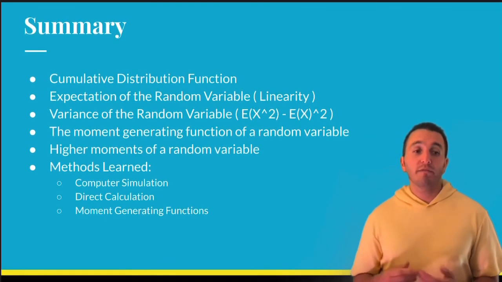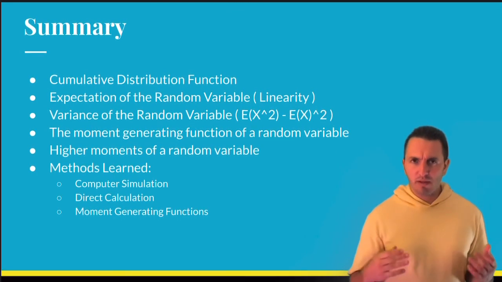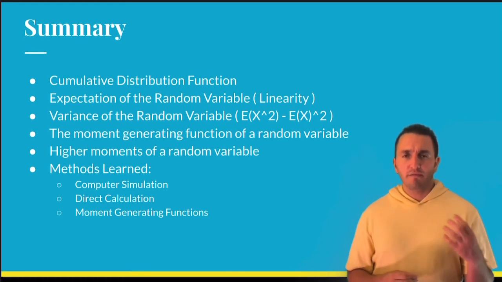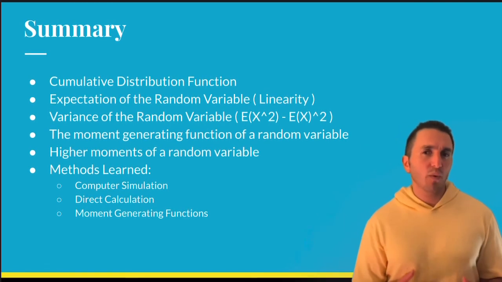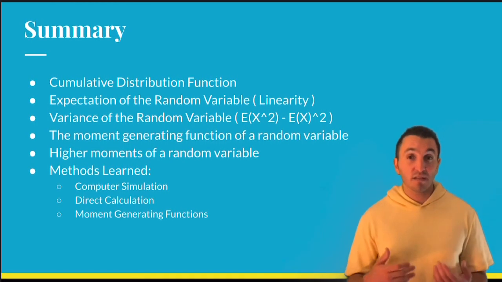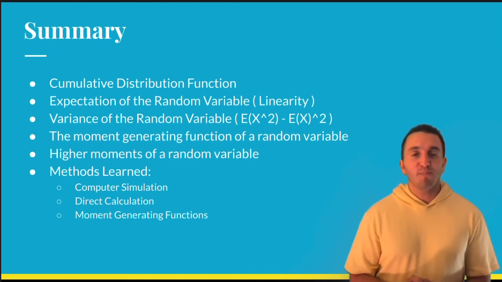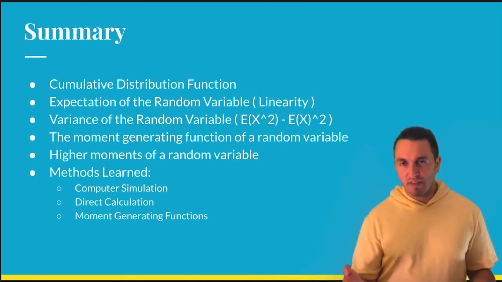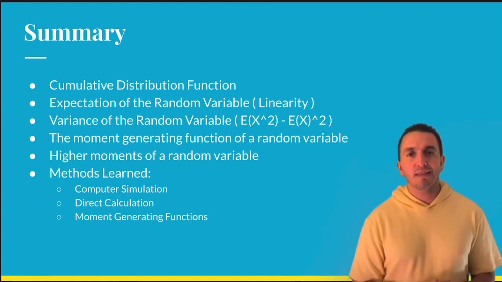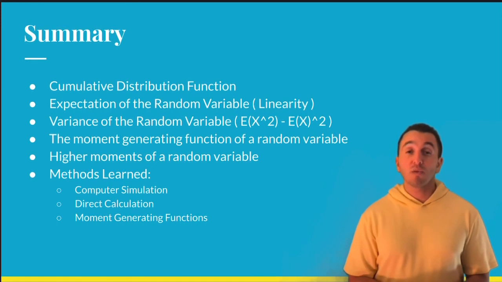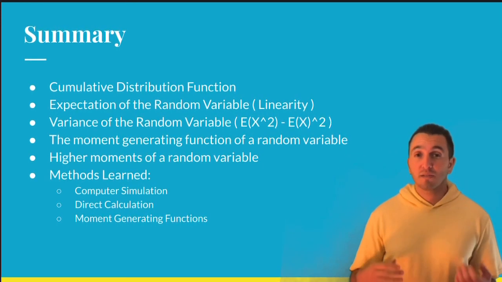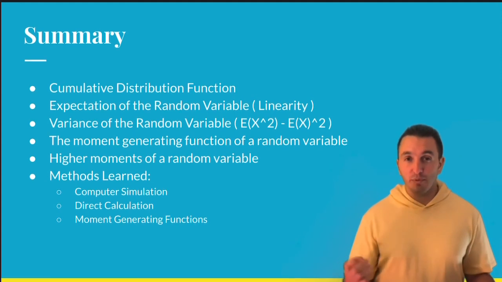We learned about the variance of a random variable, and a really important formula, right? The variance is just the expectation of X squared minus the expectation of X, squared. And we also learned, which I think is really interesting and useful, that the variance is half as large as the expected squared difference between two random samples of a random variable.